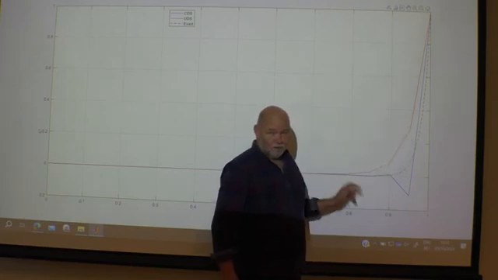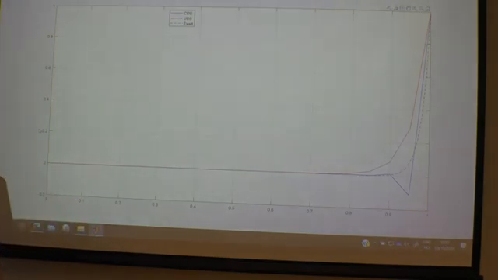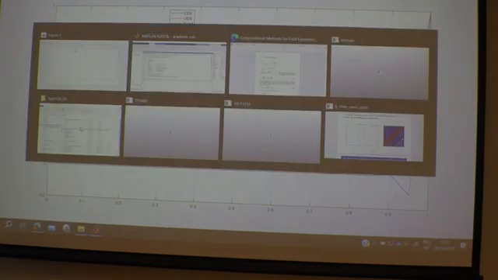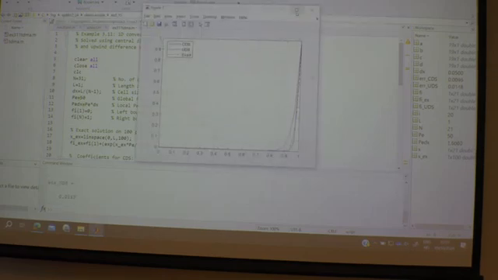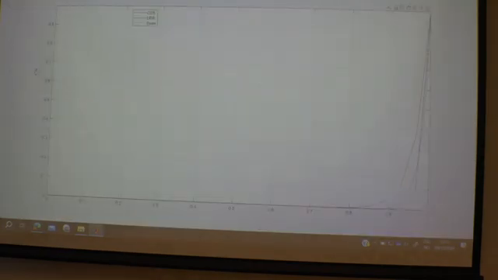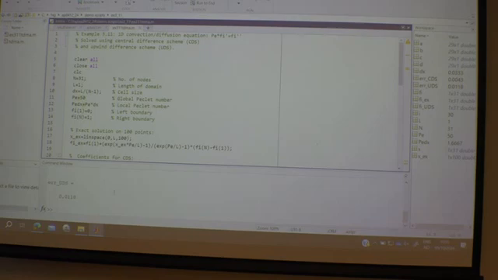The upwind scheme, unconditionally stable, but fairly far off what it should be, but never mind. So let's try then to increase even further. 31. Now we're talking. Now we're talking. 31, what is my cell Reynolds number now?